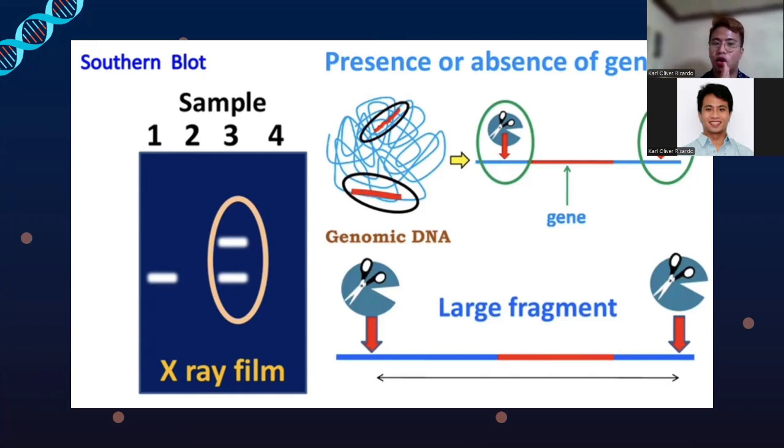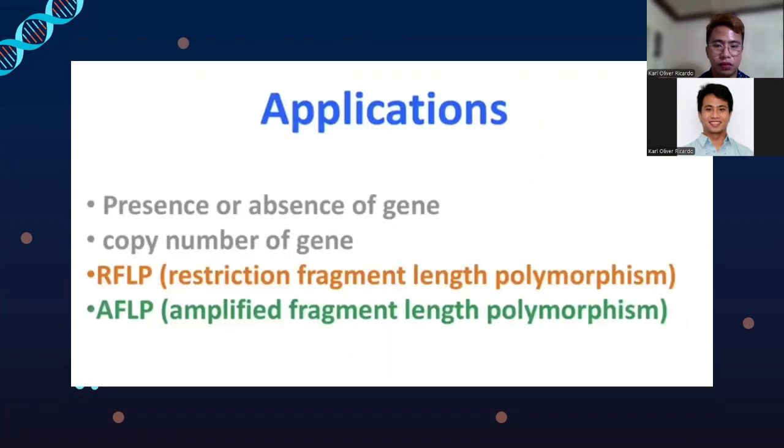And then doon na po makikita natin yung overall length na nung DNA fragment. Okay? Ayan. So using this technique such as RFLP or the restriction fragment length polymorphism, and the other one po is the AFLP or the amplified fragment length polymorphism. Okay?